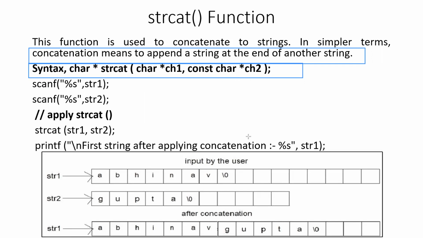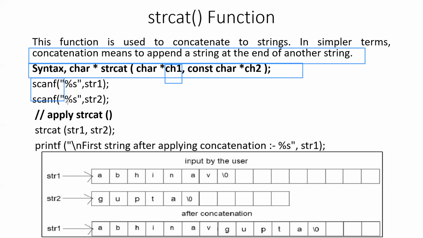Now what will happen after this statement is executed? The two strings will be concatenated and the value of the concatenated strings will be stored in the string passed in the first argument. So let's have a look at the example.